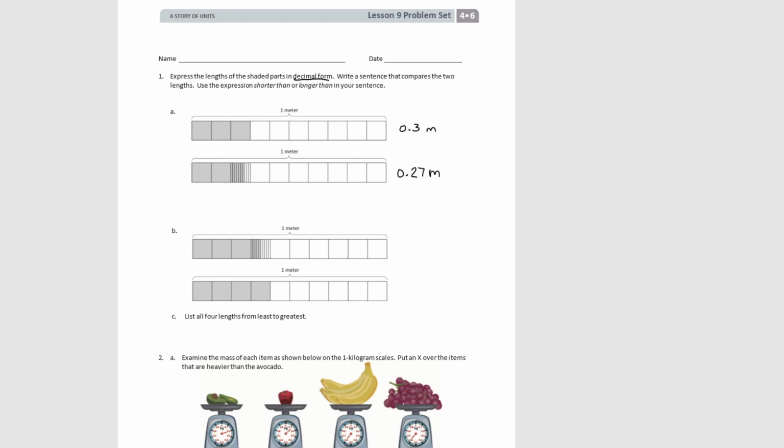We see the first one ends here, the second one ends here. So we would say 3/10 of a meter is longer than 27/100 of a meter. Okay, you try B.